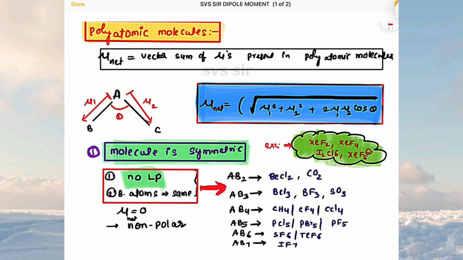For example, A is a central atom, B and C are bonded atoms. Bond moment of AB bond is mu1 and AC bond is mu2. Net dipole moment equals, this is the formula we use, square root of mu1 square plus mu2 square plus 2 mu1 into mu2 cos theta.